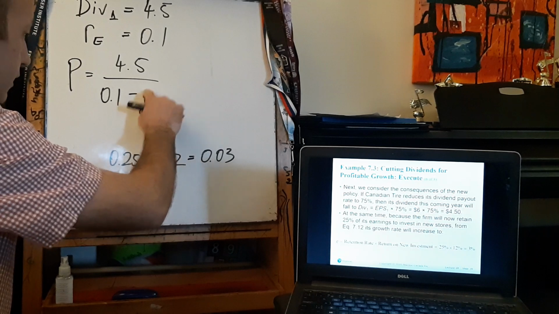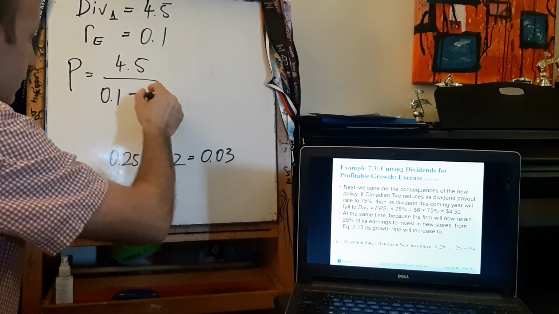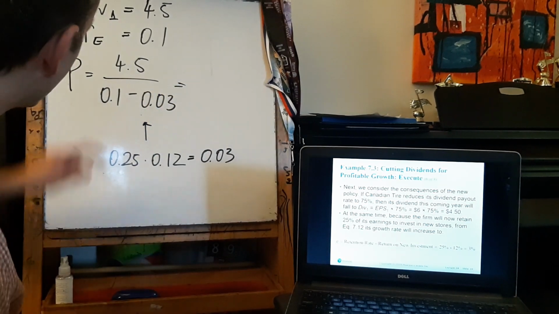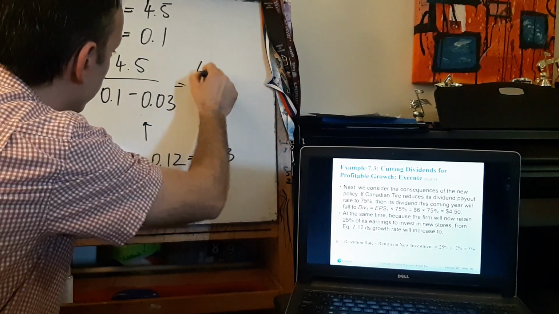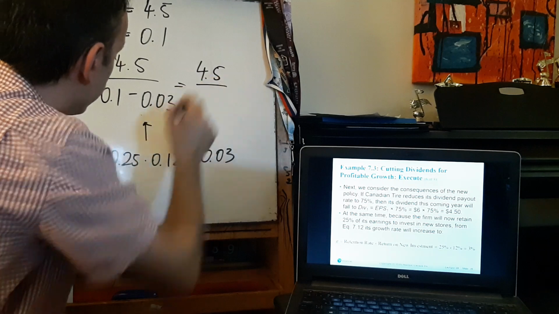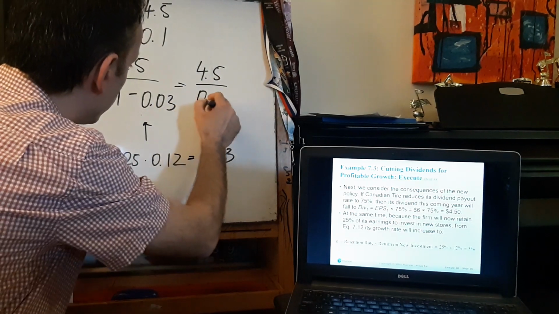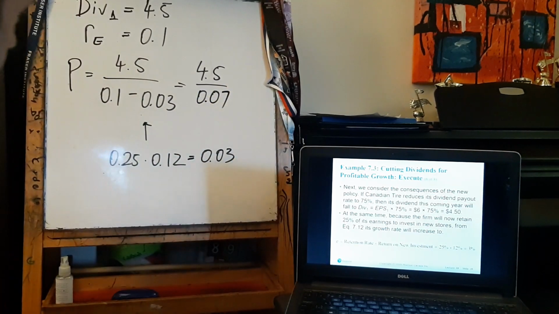So we can put that here, 0.03. So this is going to be 4.5 divided by 0.1 minus 0.03, 0.07.